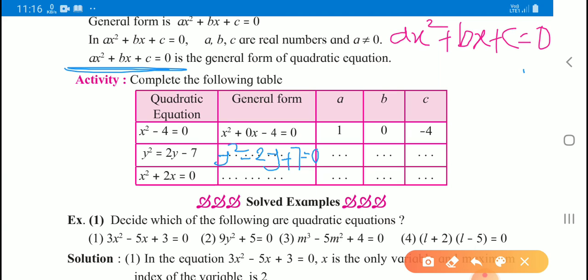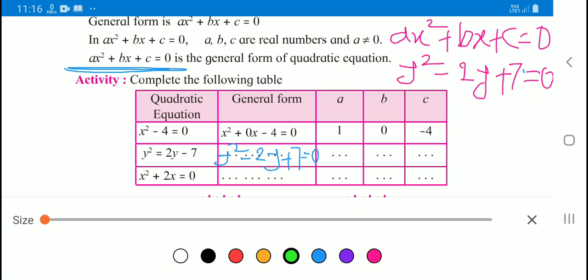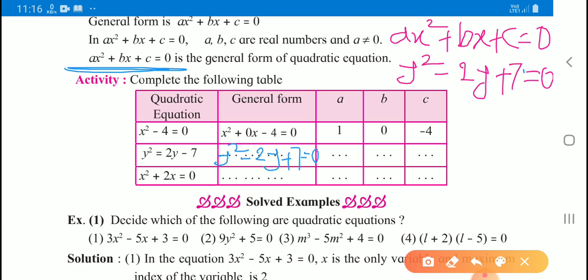And below that is the equation, y square minus 2y plus 7 is equal to 0. Now look, a is 1, then b... nothing is there, so 1. Here b is negative 2 and c is positive 7. You can write just 7 also or plus 7 also.